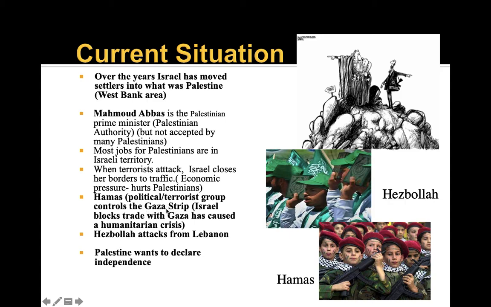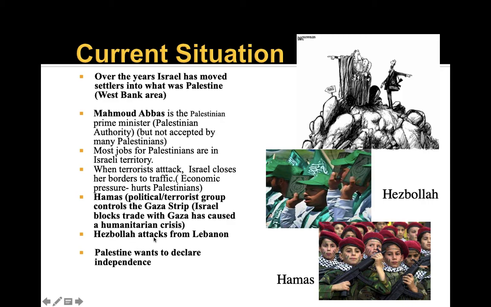As a result of that, Israel has blocked trade from Gaza, which has caused a huge humanitarian crisis in the region. And the people in Gaza have really suffered over the past decade or more now. Actually, it's probably a little bit more than a decade that this has been going on.